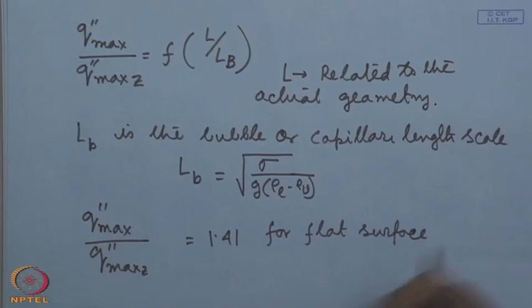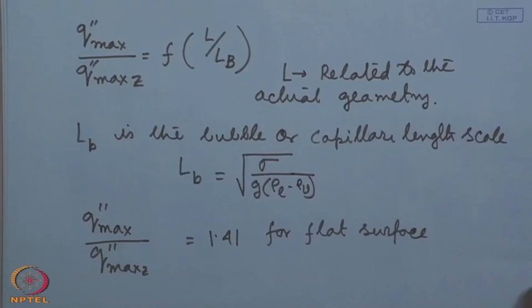Here I would like to say that the theory which we have just now derived was proposed by Joubert, but that was marginally modified by Lienhard and Dhir. So, that is why for a flat surface there is a difference between what is proposed by Joubert and what is modified by Lienhard and Dhir, and this difference is given by this number 1.41.